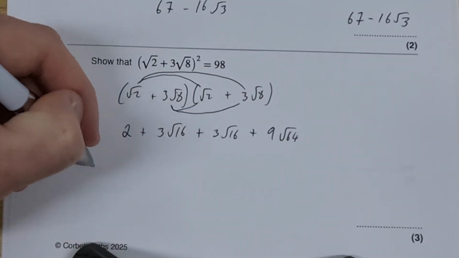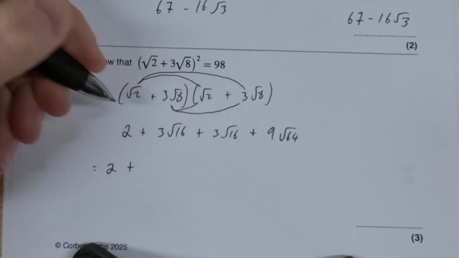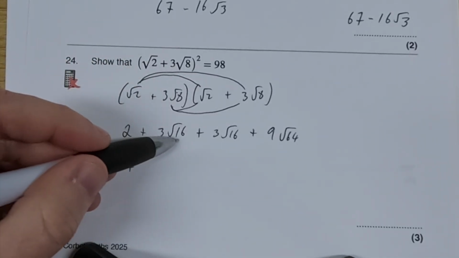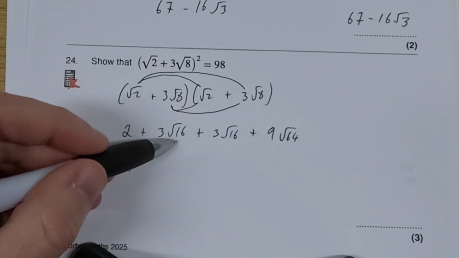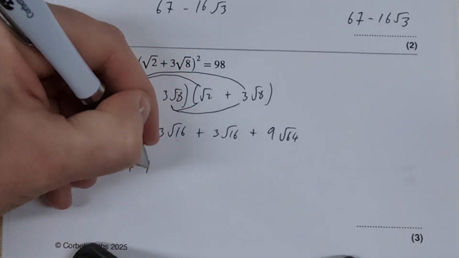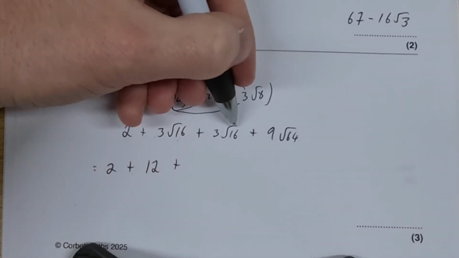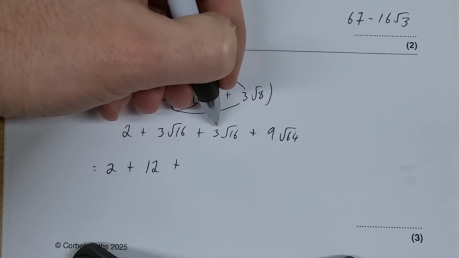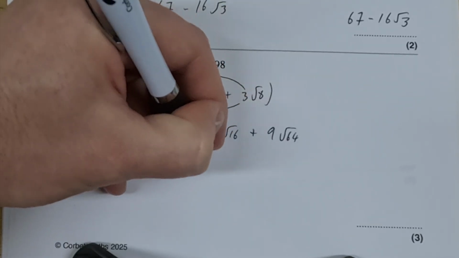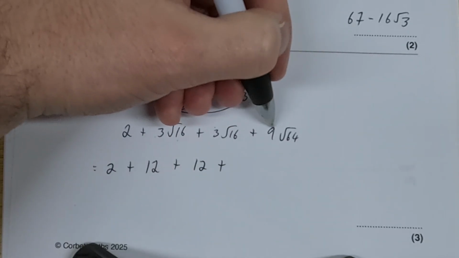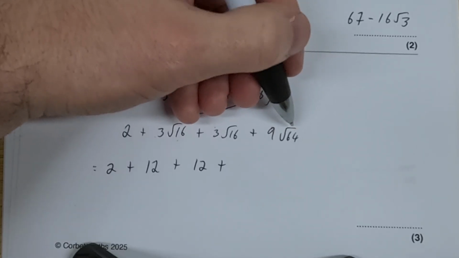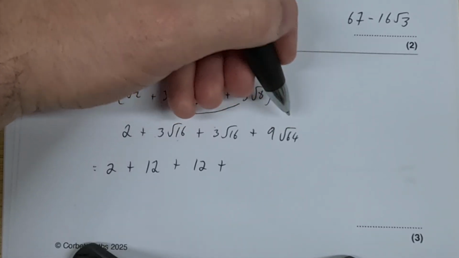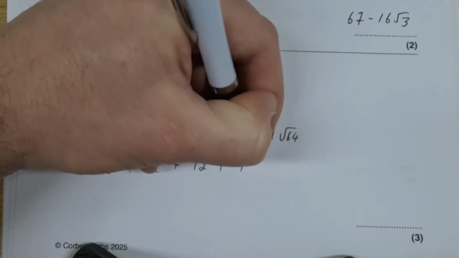Now let's simplify this. We've got 2 plus 3 times root 16. Root 16 is equal to 4, and 3 times 4 is 12. Plus 3 root 16, again that's 12 because 3 times 4 is 12. And then plus 9 times root 64. Root 64 is 8, so 9 times 8 is 72.